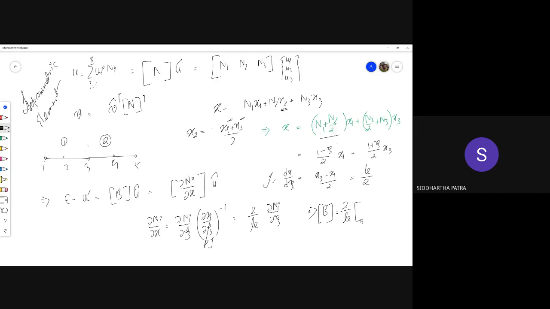and then we are doing del N1 del xi, del N2 del xi, del N3 del xi. So what is the expression for B matrix? What is the first term?